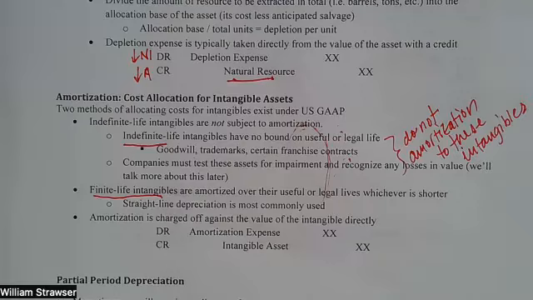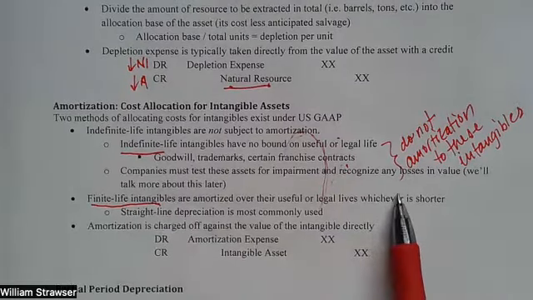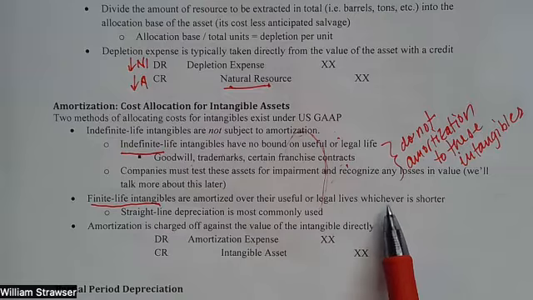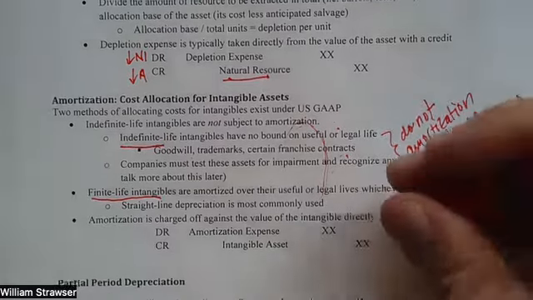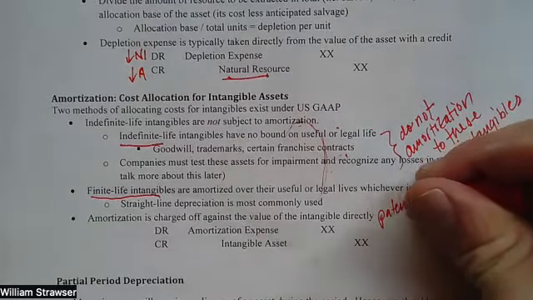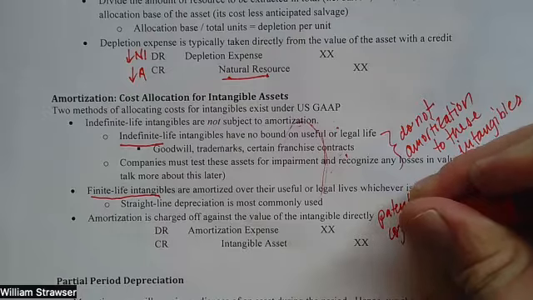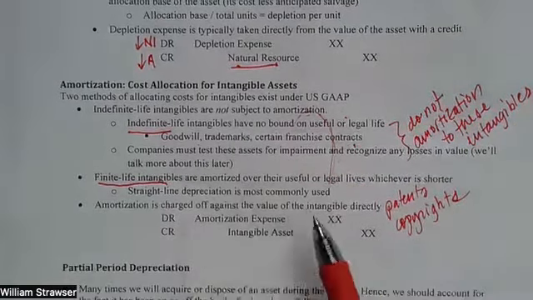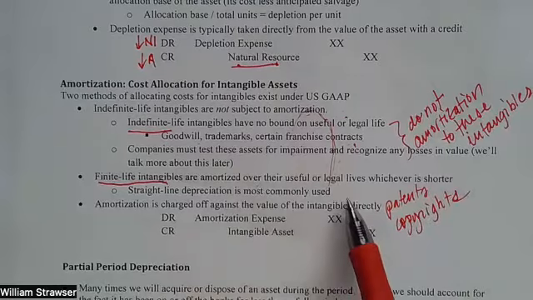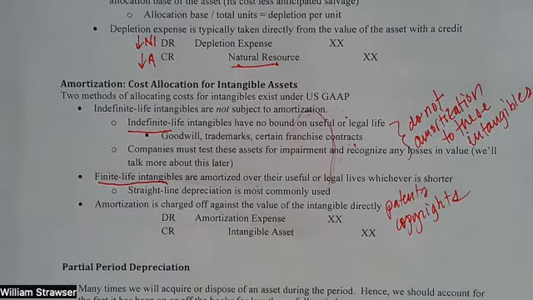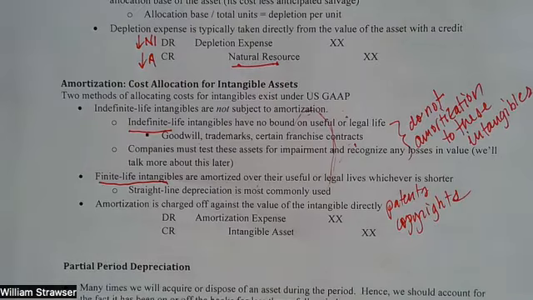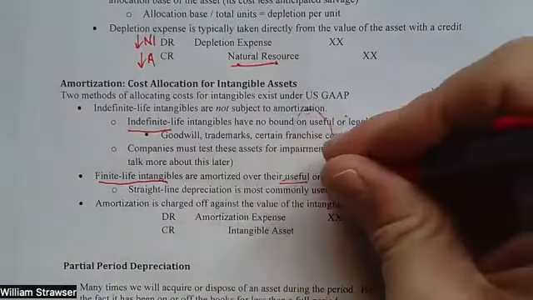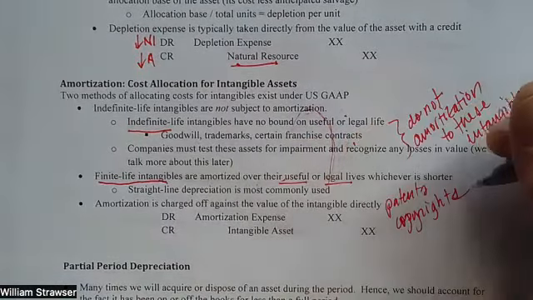When we're talking about finite life intangibles, patents, copyrights, those sorts of items, they have a finite useful life, and therefore we do amortize them over their useful or their legal life, whichever is shorter.